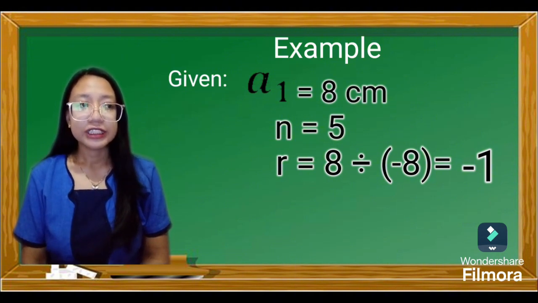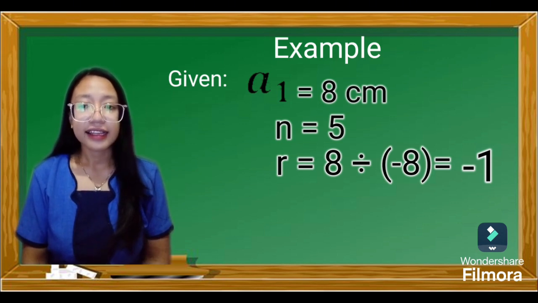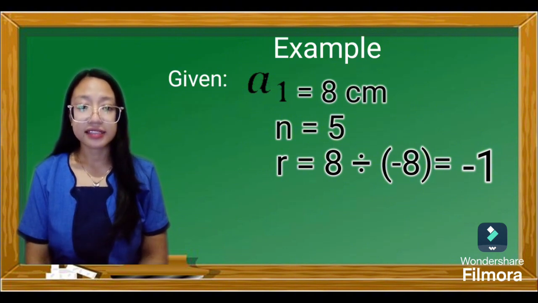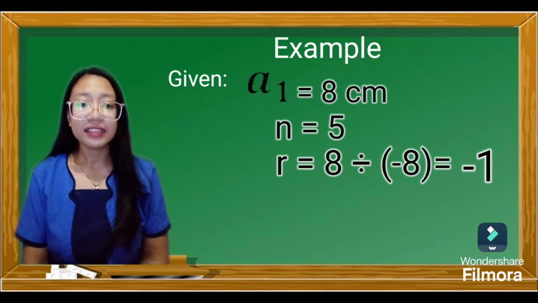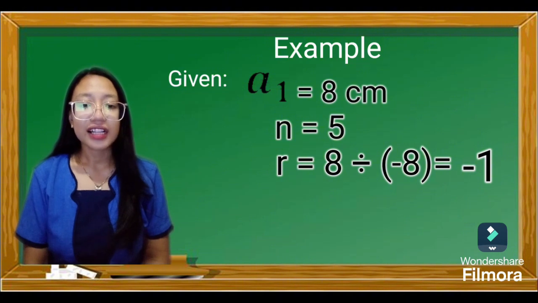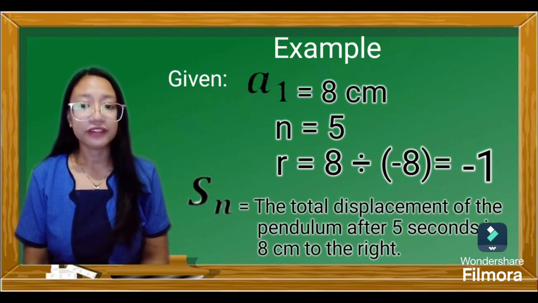So, diba, doon sa example natin or sa paliwanag kanina, ang nakalagay doon kapag yung common ratio natin is negative 1 and then yung number of terms natin is odd, ang magiging sagot lang ay yung first term. So, ang total displacement of the pendulum after 5 seconds is 8 cm to the right. So, ang sagot lang ay 8 cm.